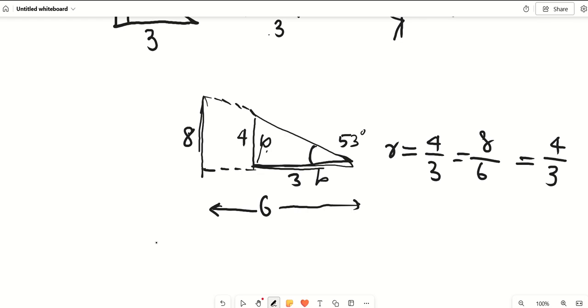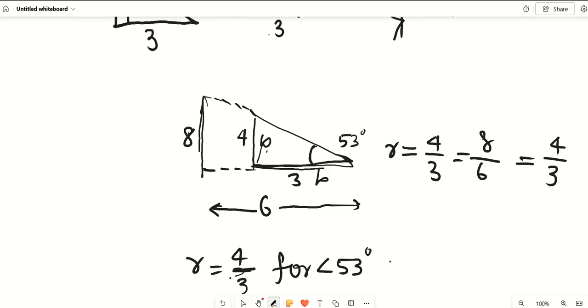So one thing we are getting constant, that is the ratio. So if I already know the ratio of any triangle, here we know the ratio is 4 by 3 for angle 53 degree.